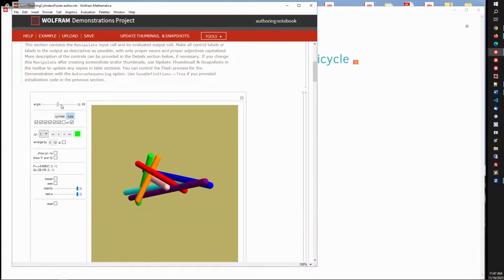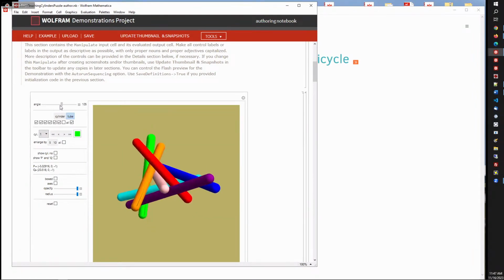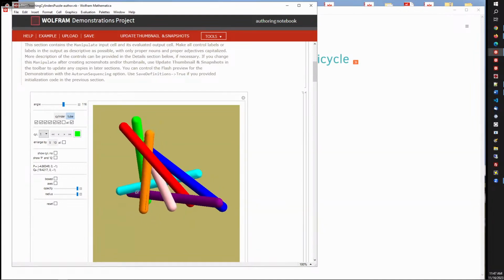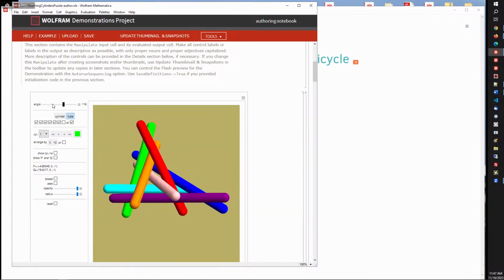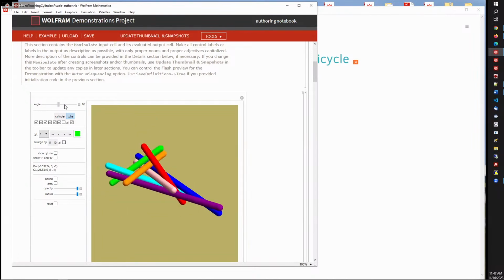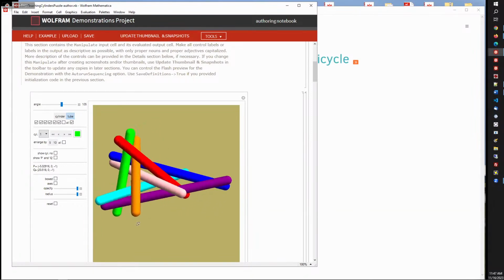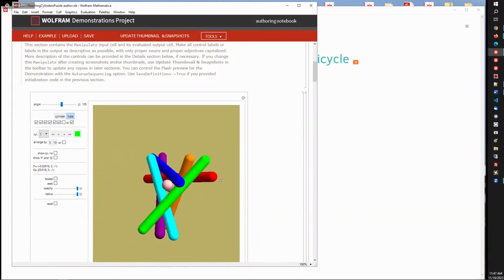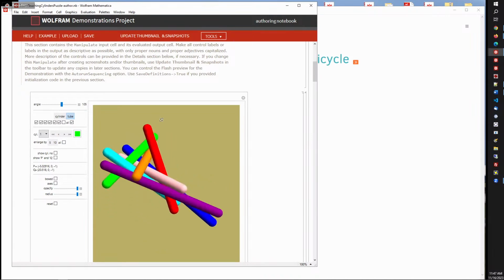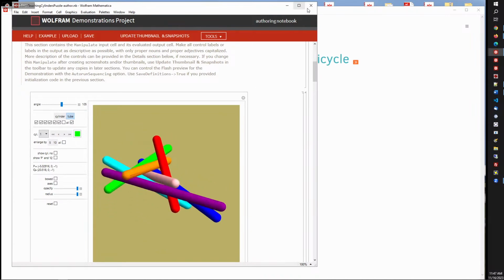This is the nice part of having it in a manipulate format. Calculating these is a bear, but when you have it done into a program, you can just make the adjustments very easily. So all of these cylinders touch each other. And this was just found relatively recently that they figured out how to solve this problem.